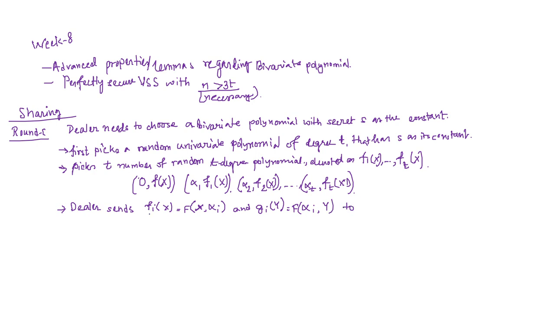This one row polynomial and one column polynomial is sent to party Pi. This is the end of round 2. Okay.